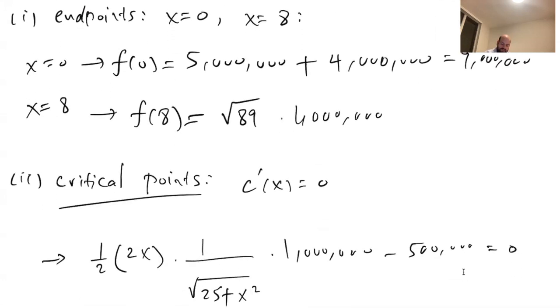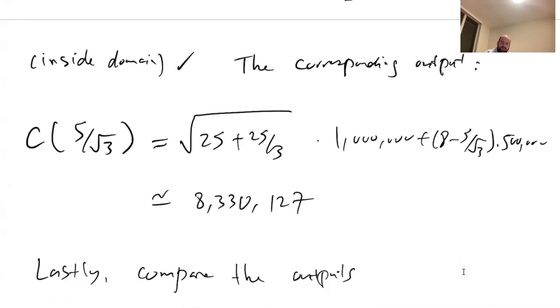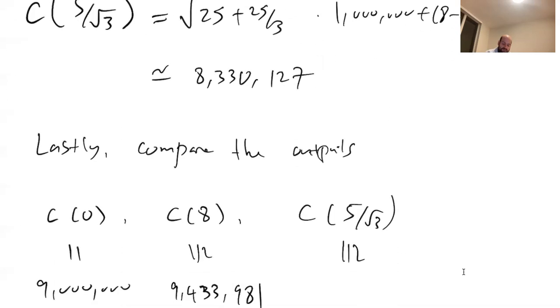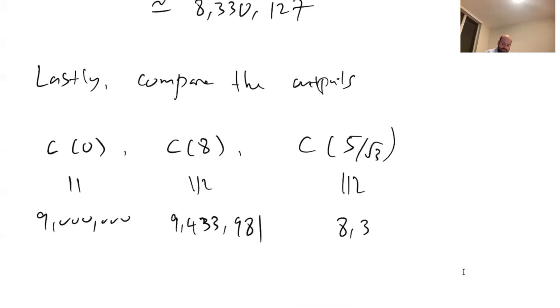That will be almost 9 million, 433,981. And C of 5 over root 3, which we saw is almost 8,330,127. So we have these three numbers.